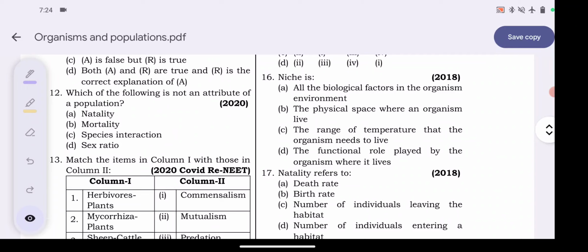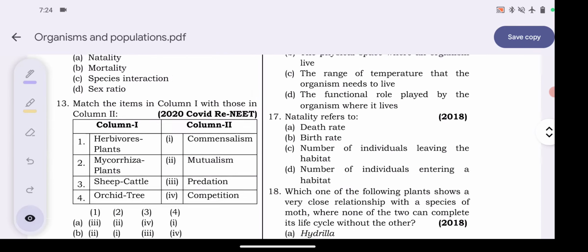So niche is option D, the functional role played by the organism where it lives. Explanation: an ecological niche shows how an organism or population reacts to resource distribution and the overall environment. So option D is the correct answer.